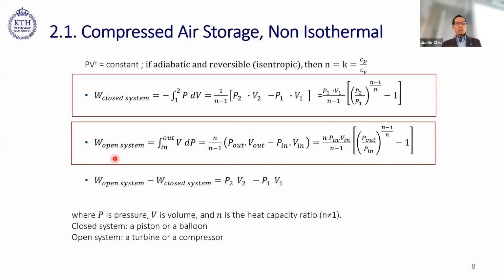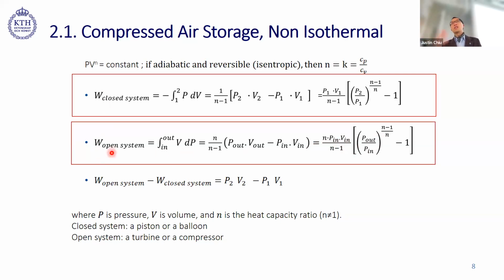The difference between the open system, the energy, so if you divide everything by time, so let's say you have a volume flow rate, so V dot instead of V, then you have the power in watts. If you don't divide by time, meaning that if you take the whole volume, that means you have the energy in joules.